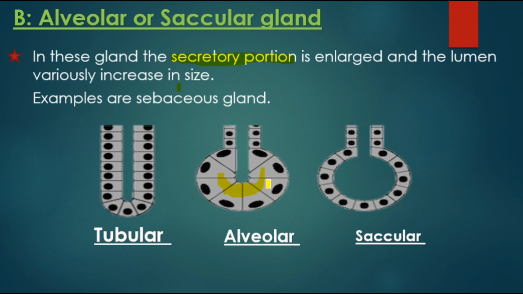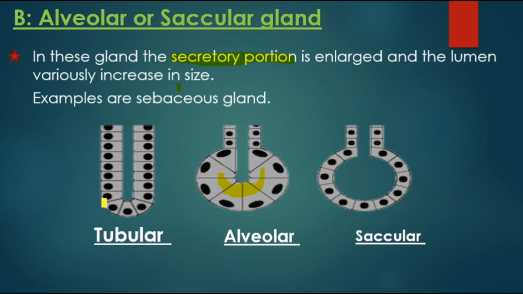In both of these diagrams, these regions are enlarged in size, and their lumen is increased according to the secretory portion of the gland. This type of gland is called an alveolar or saccular gland, and this is the structural representation of these glands.